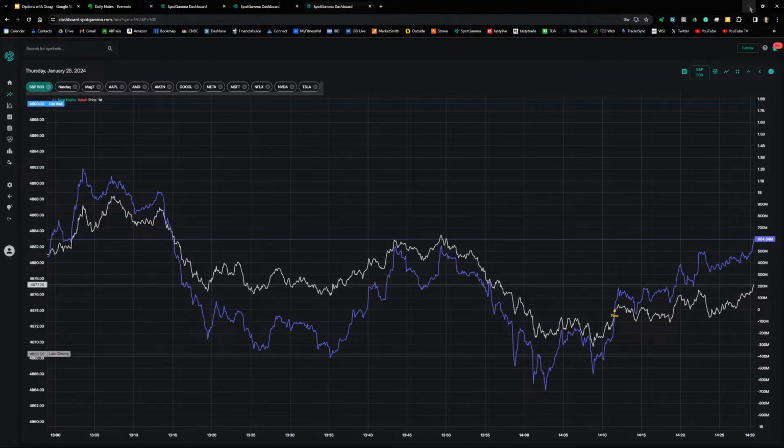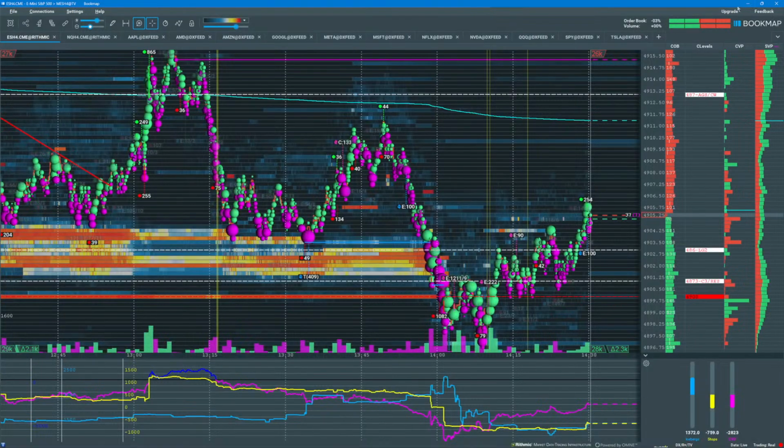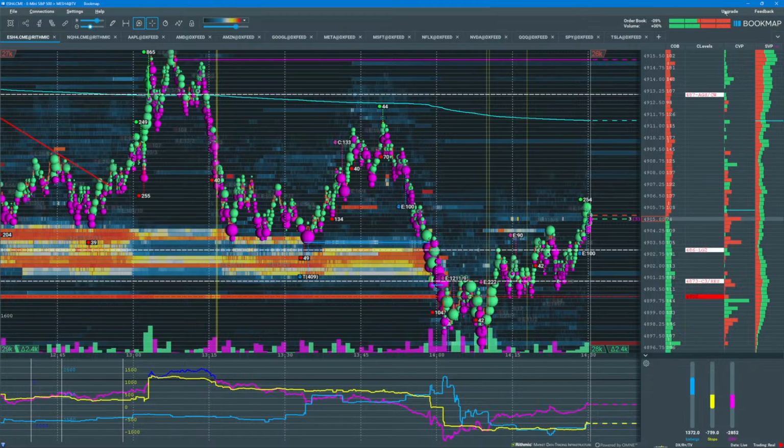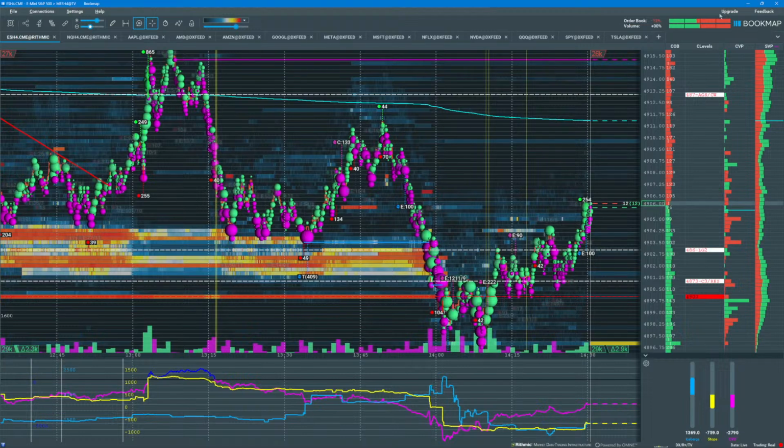Go back to Bookmap. All right, does anyone have any stocks they want me to take a look at? Otherwise, I'm going to wrap it up.